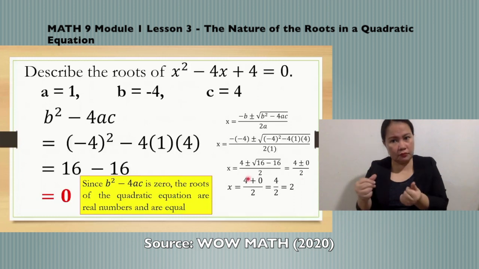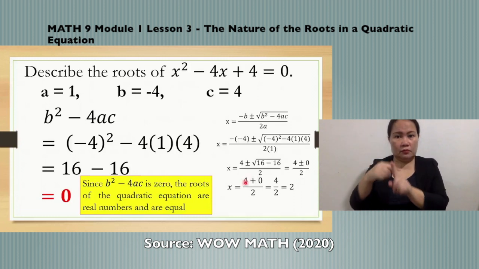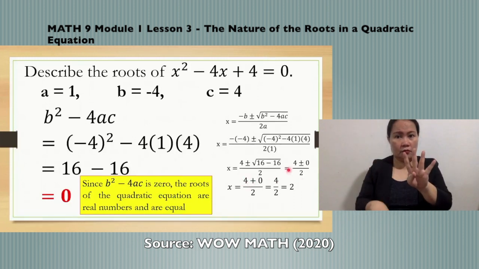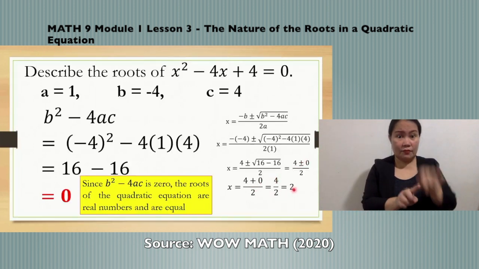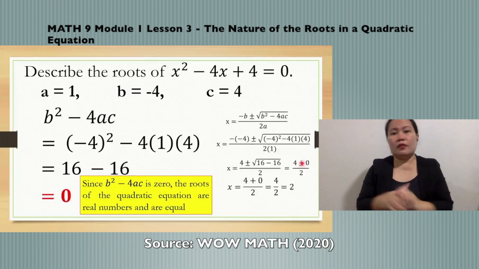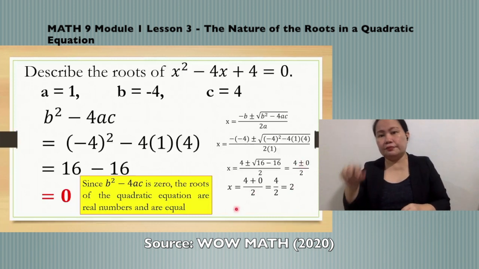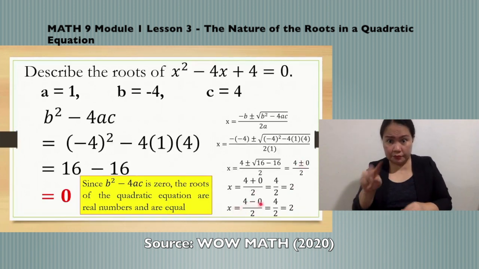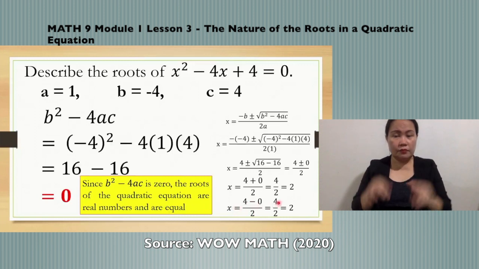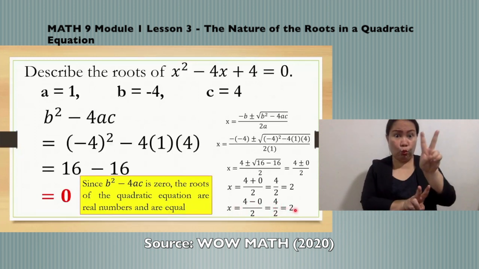Now, we will have 4 plus 0, that is 4 over 2, that is equal to 2. And the other one, since positive or negative siya, the other one is 4 minus 0 over 2. So, we will have 4 over 2, that is equal to 2.